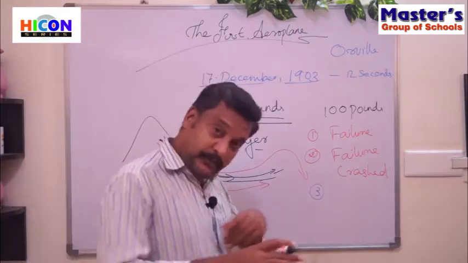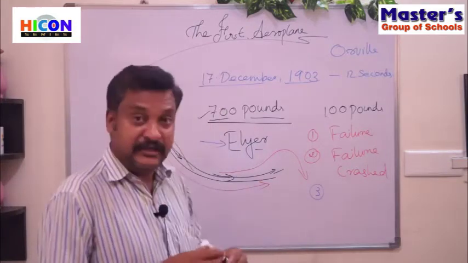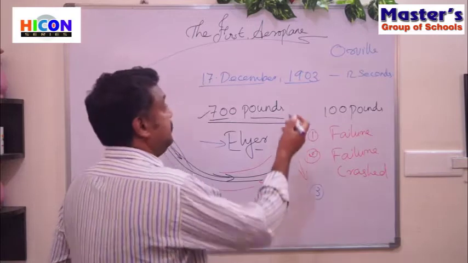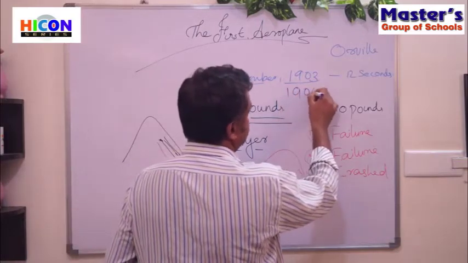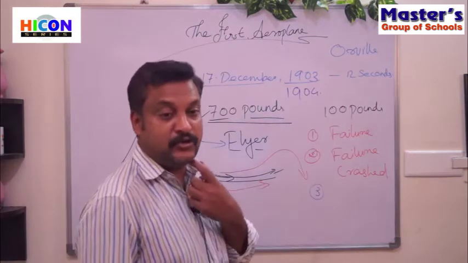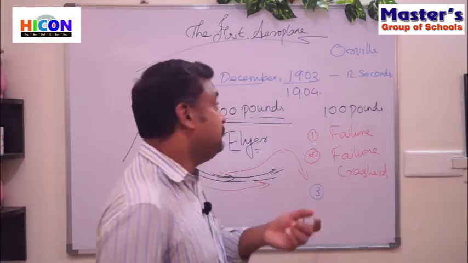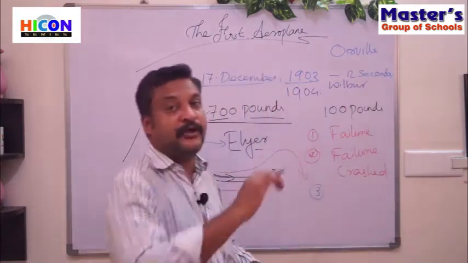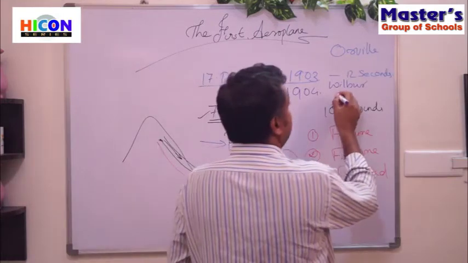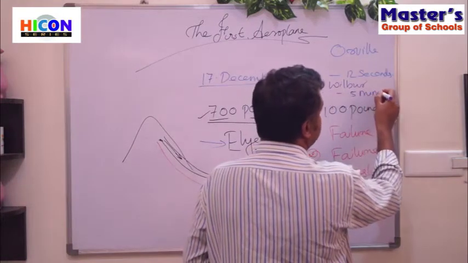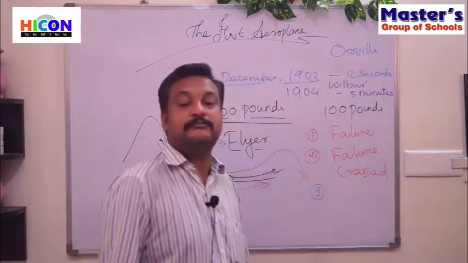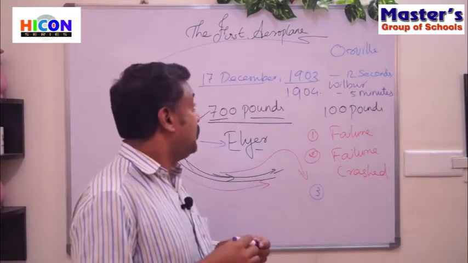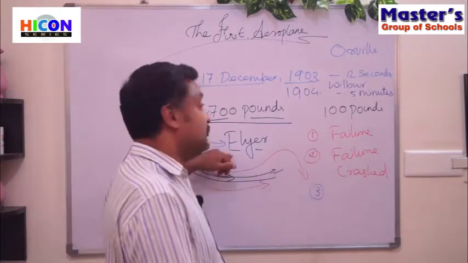Now they improved the flight further, and in 1904, Wilbur Wright, the other brother, took the flight, and this lasted for about 5 minutes. In 1903, Orville Wright took a flight on a Flyer.